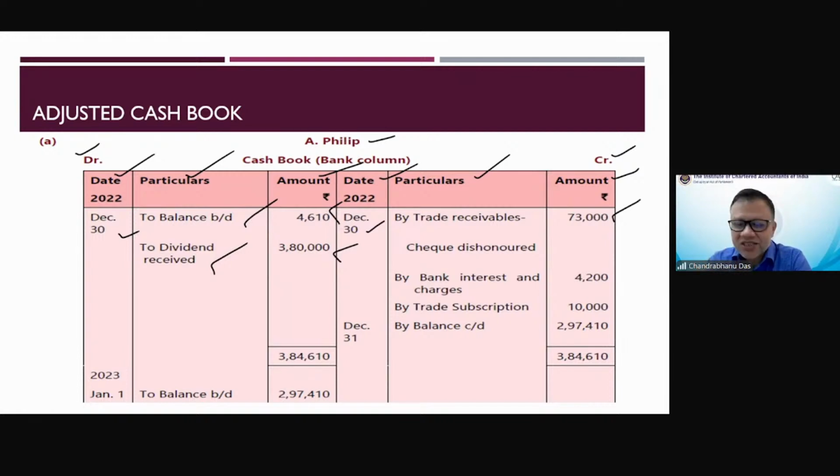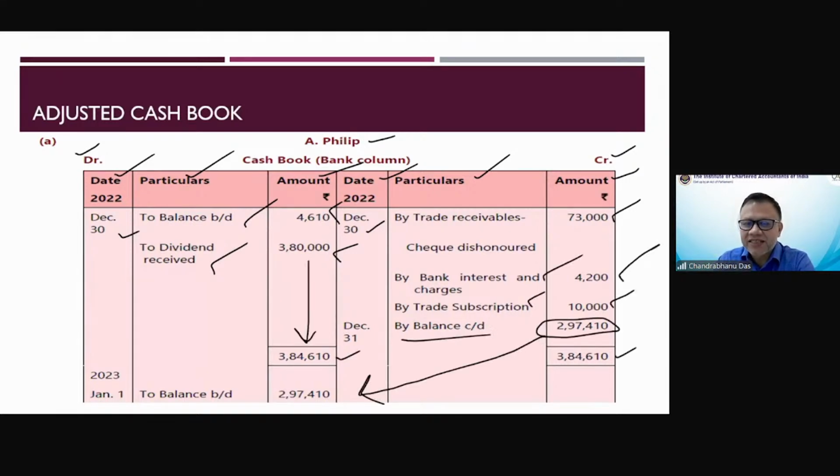The check which is dishonored is on the credit side, 73,000. Then the rest two omissions which reduce the cash balance are bank interest and bank charges, 4,200, and the trade subscription, 10,000. Now, we see that the debit side balance is more than the credit side, and we get the balancing figure. So we got the balance brought down as 297,410.